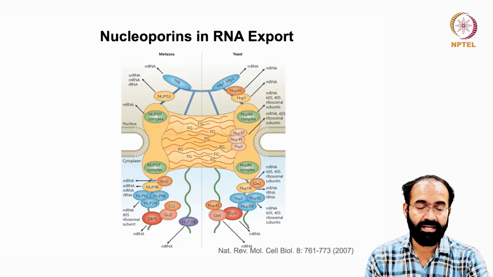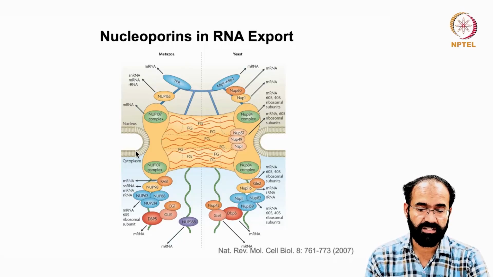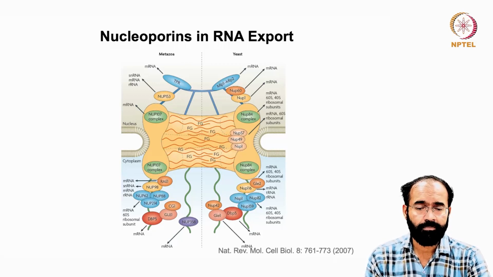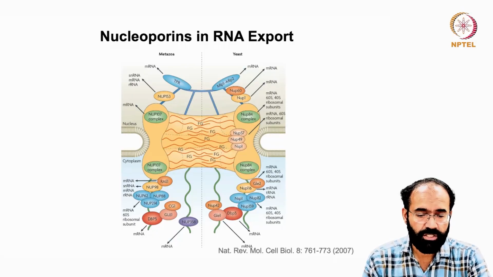The nuclear membrane is a two-wall structure, and remember it is a three-dimensional structure. What you are seeing is a cross section, and it is like a pipe, just like a cylinder. Some proteins hang into the cytoplasm and some factors hang into the nucleus.